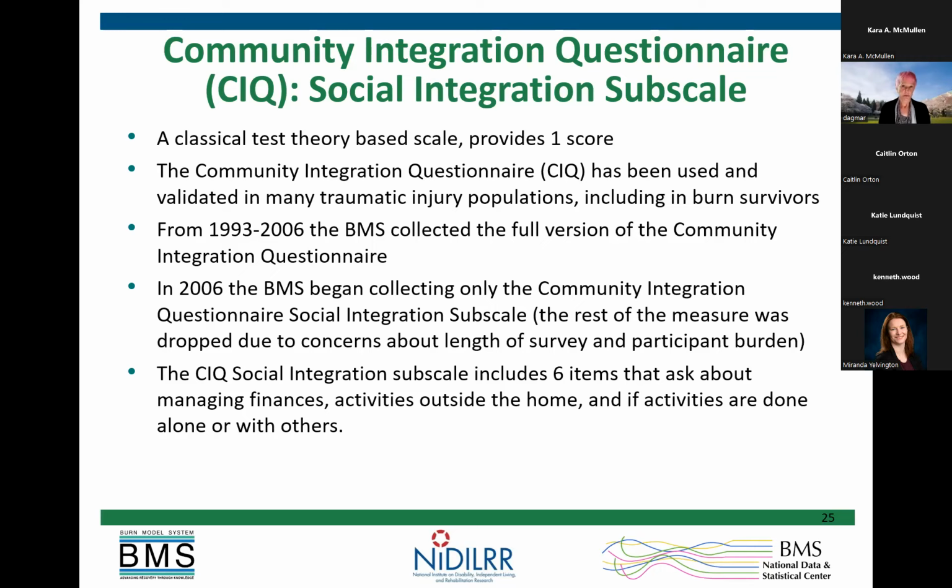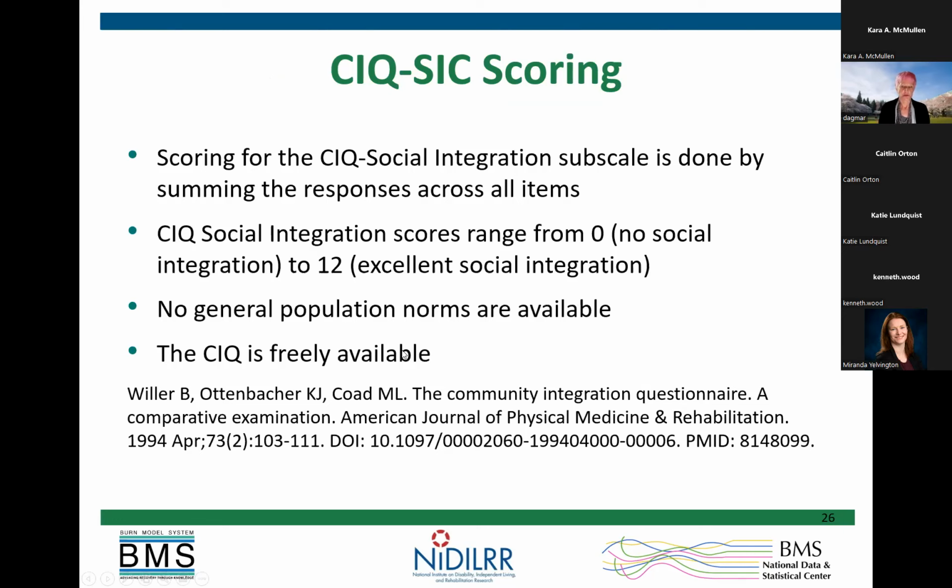We collected the whole scale until 2006, and since then we've been only collecting the subscale. The subscale includes 6 items, and they ask about managing finances, activities outside the home, and social participation in activities. The scoring is simple. You sum responses across all 6 items.